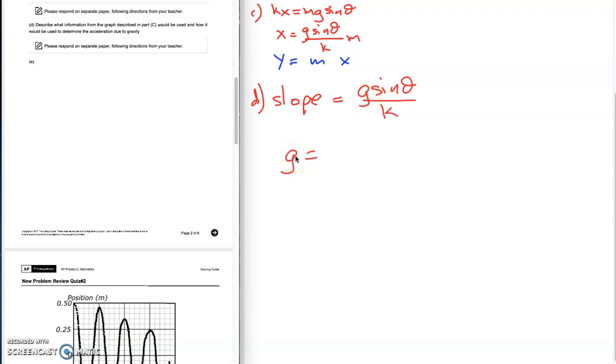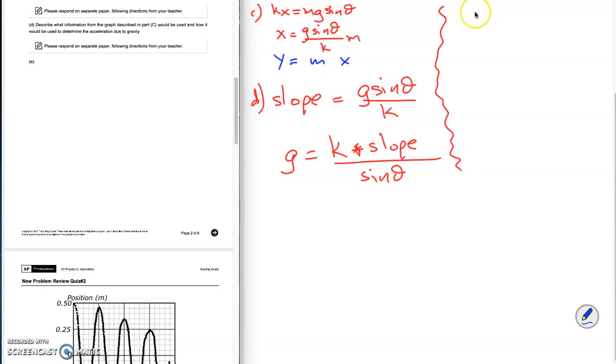So gravity is going to be the known spring constant. Remember, they told us that we know what this is, times slope over sine theta.